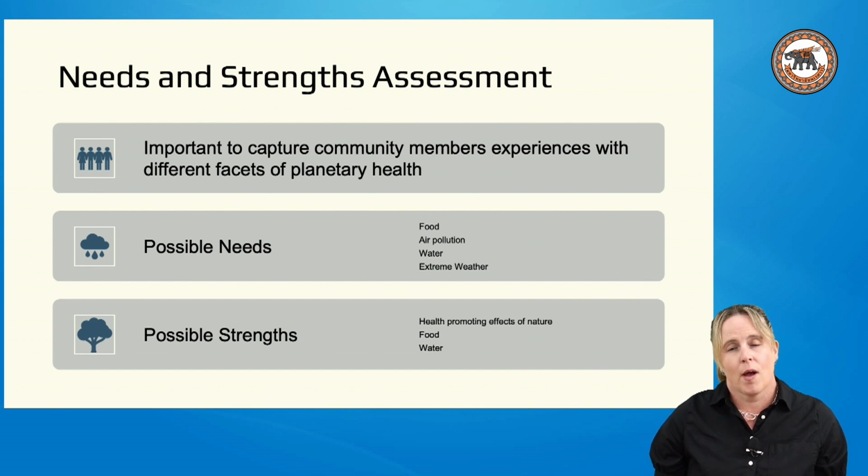Also extreme weather events. And then there's also the possible strengths that are related to planetary health, that people may talk about having a positive experience from nature and spending time in nature. And they may also have some areas of strength with food and with water.